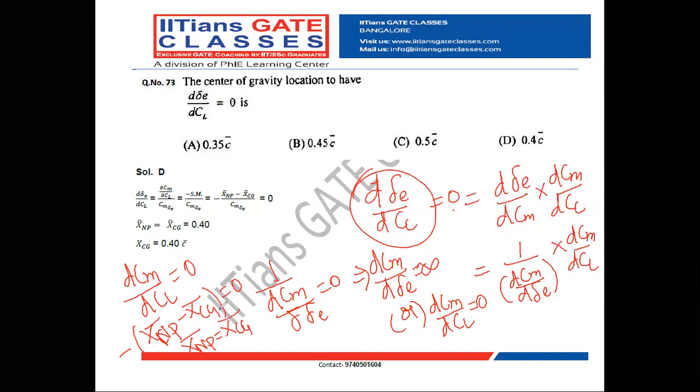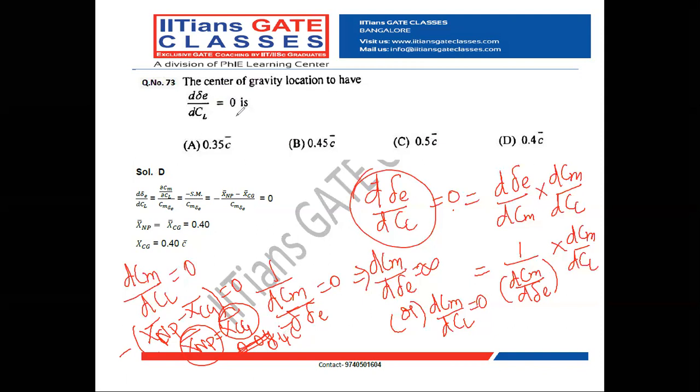So the new center of gravity location is same as the neutral point location, which is 0.4 c, because neutral point location is 0.4 c. That is what we have seen in the previous problem. Since it is a linked question, CG location is at the neutral point location for the given condition d del E by dCl equal to 0.